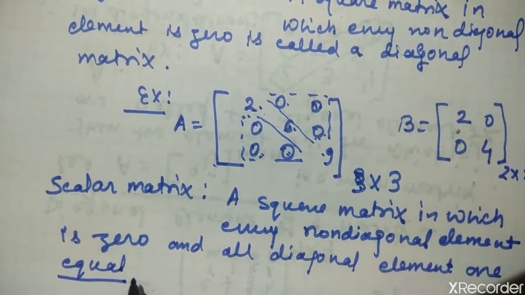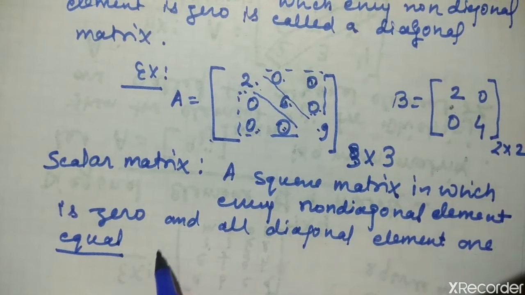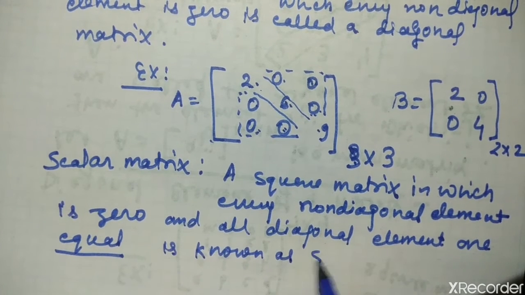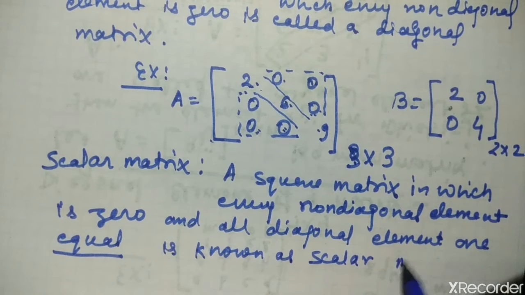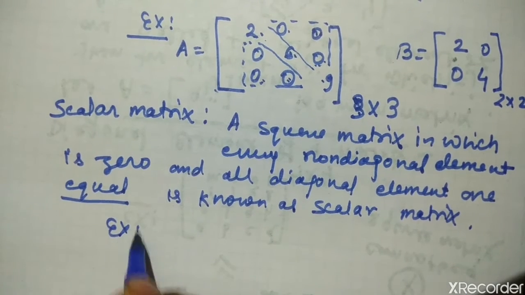This is very important: all diagonal elements are equal is known as a scalar matrix.